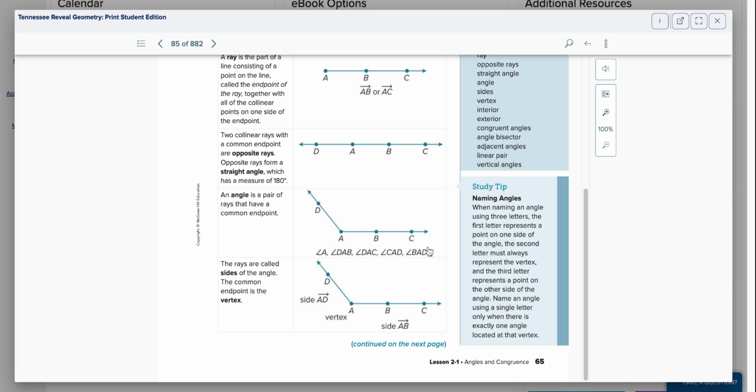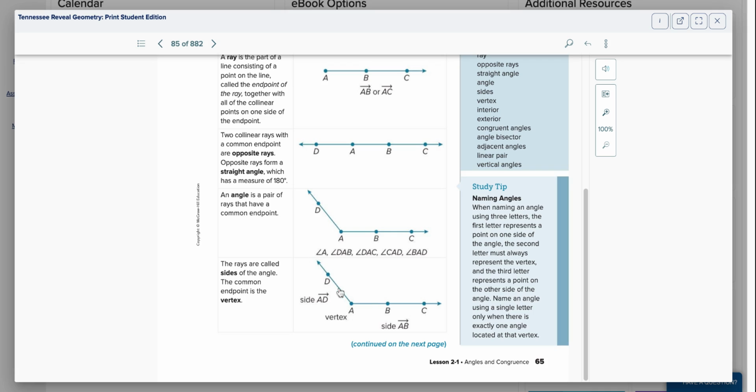Now, we use 3 letters when there's more than one angle A in a figure. This is only one angle A, this right there, and that's why you can use only one letter. But if you have a figure that has a lot of things going on, where there's multiple angle A's, we use 3 letters to distinguish which angle A we're referring to.